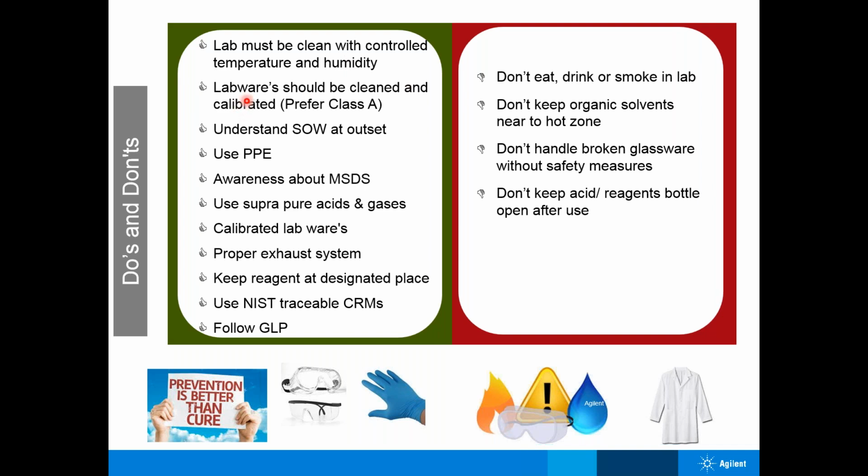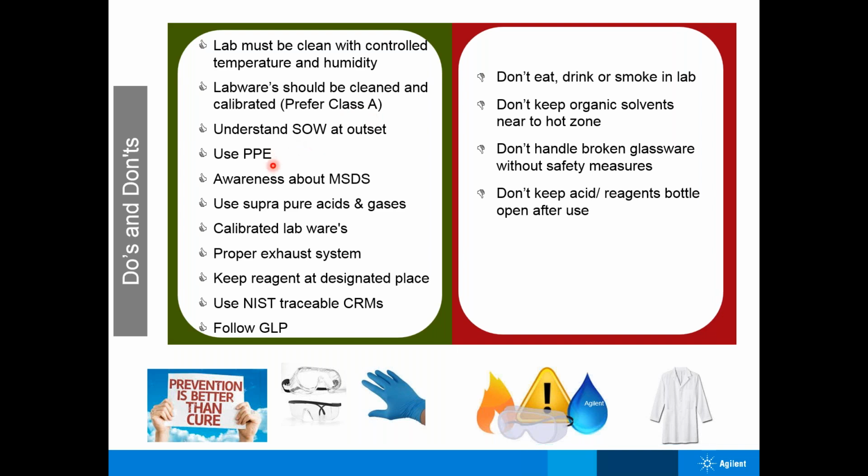Similarly, the next point is that the labwares should be cleaned and calibrated. I always prefer that you use class A calibrated labwares. Your volumetric flask, your pipettes, your micropipettes, your measuring cylinder, everything should be calibrated. In fact, your analytical balance should be calibrated. We have to understand the scope of work, what our requirement is, and then perform the analysis.